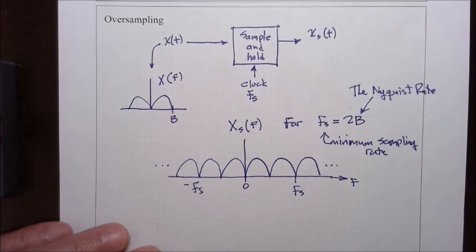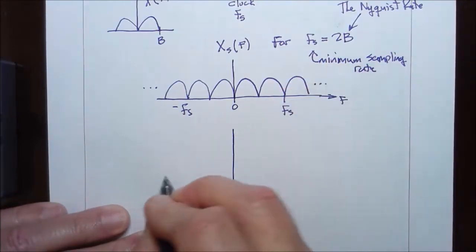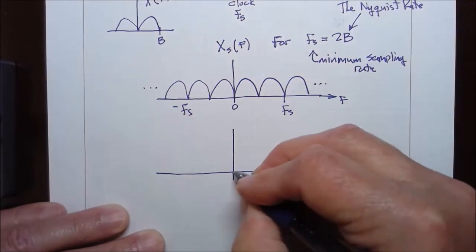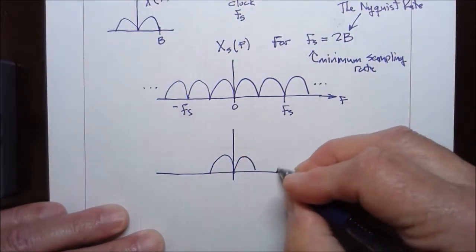It's more likely in practice that we would want to sample at a frequency that is higher than the minimum, so that the spectrum of the sampled signal looks more like this.